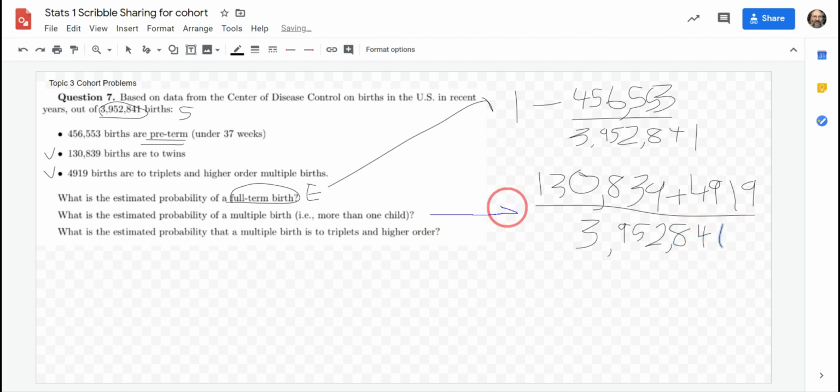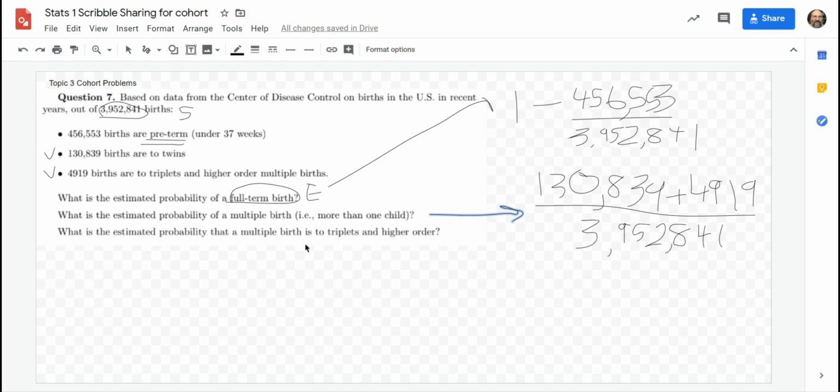All right. Let's read the third one now. What is the estimated probability that a multiple birth is to triplets and higher? So this is a little bit interesting. That's a given.